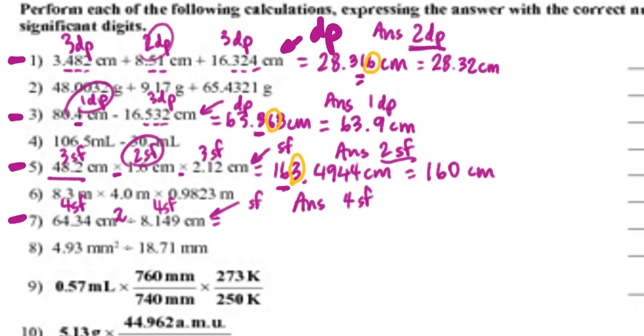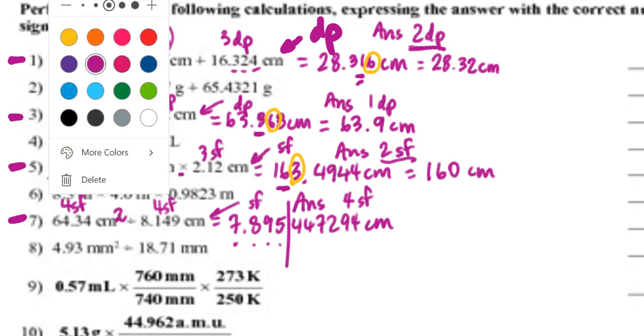So if I do this math on the calculator, 64.34 divided by 8.149, that's going to give me, and it's a long number if I actually show everything on the calculator, but it's 7.895447294 centimeters. Okay? But again, I only want 4 significant figures. So that's 1, 2, 3, 4. I want to stop writing the number here.